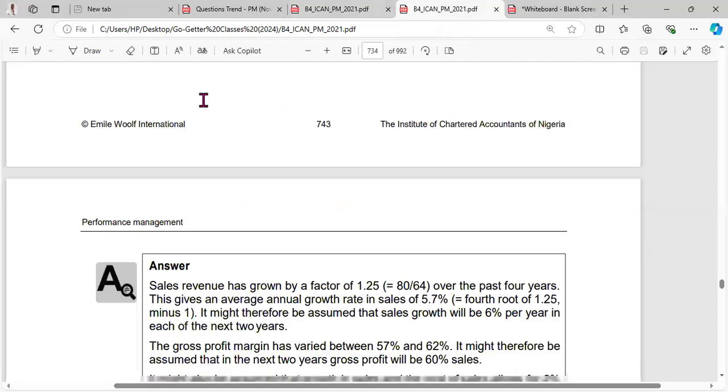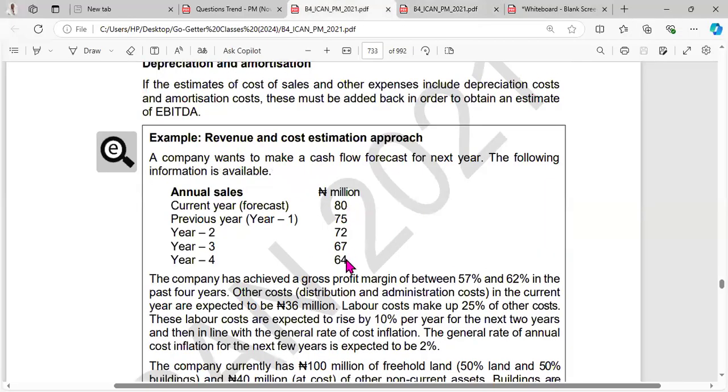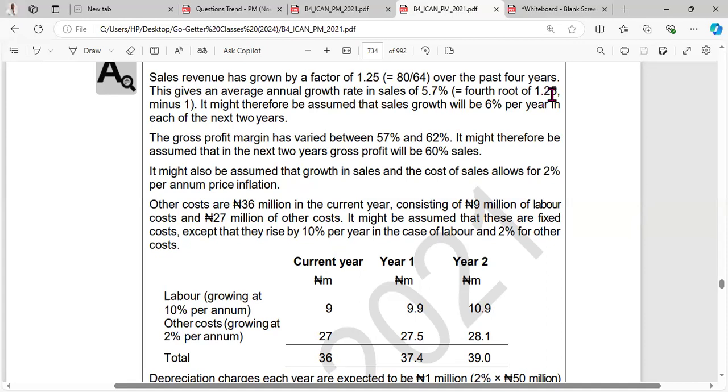So sales has grown by 1.25 over the past 4 years. This gives an average annual growth of 5.7%. That is the fourth root of 1.25, minus 1.